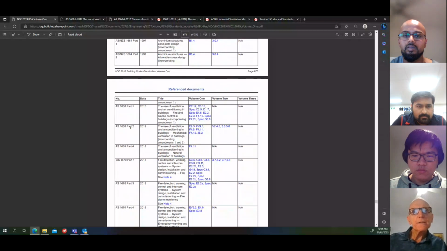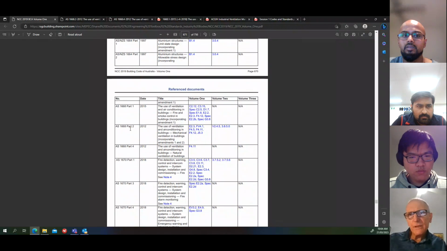If there's a standard that is not referenced in the NCC, it may not be mandatory to refer to that. But there are other things that may refer to it. There might be local regulations or other requirements that refer to standards that aren't in the NCC. You know what I mean? So you still may have to use it.